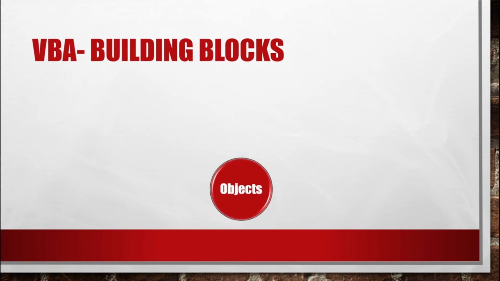So the first one is the object. Anything that the Excel application or even the Access application uses, for example worksheets or workbooks, those are the objects which we use to make our applications. Now, these objects will have properties.